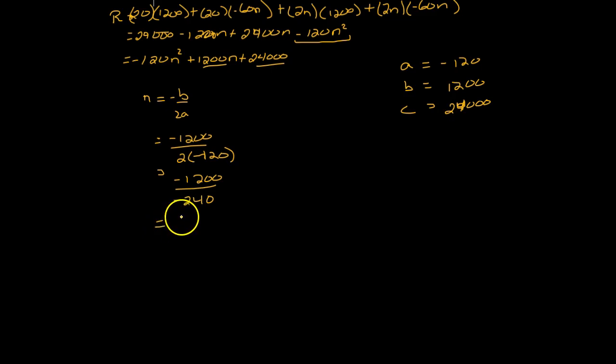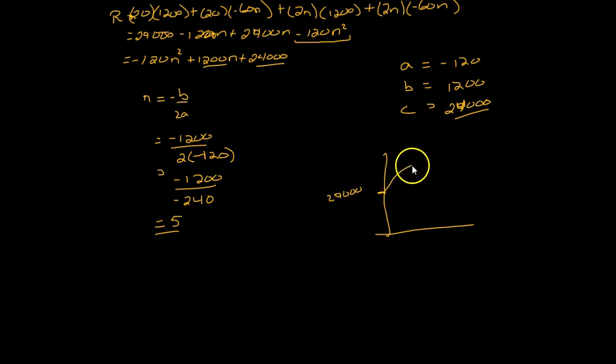Which comes down to 5. So we have to go through 5 price increases to get the maximum profit. So if we think back to our graph here, the y-intercept is always your c value, so it's 24,000.